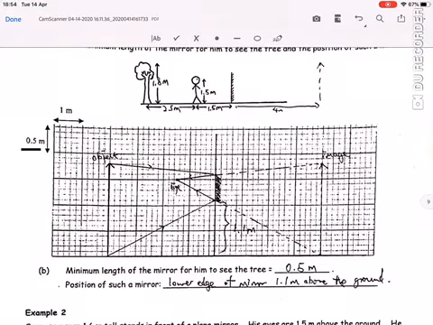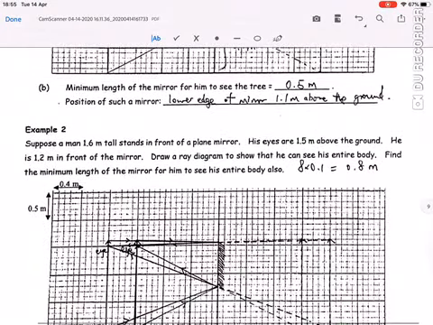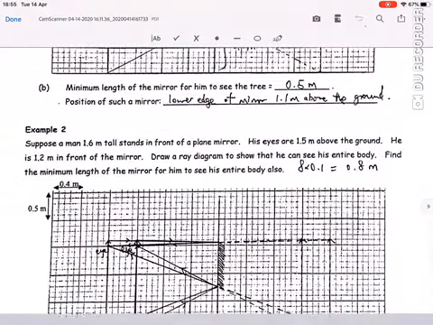Okay, so you should be able to get that. And the position of such a mirror, the lower edge of the mirror, is 1.1 meters above the ground. So in here, let me just type it in case you didn't read properly.